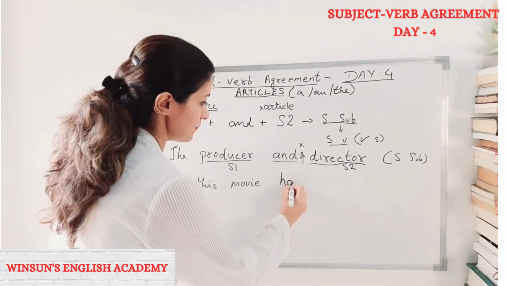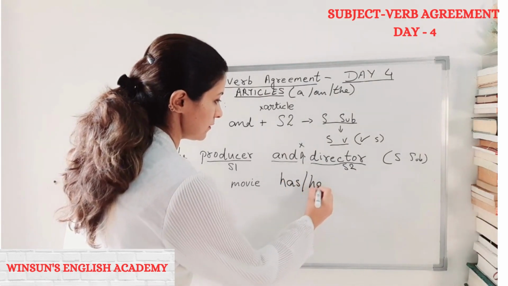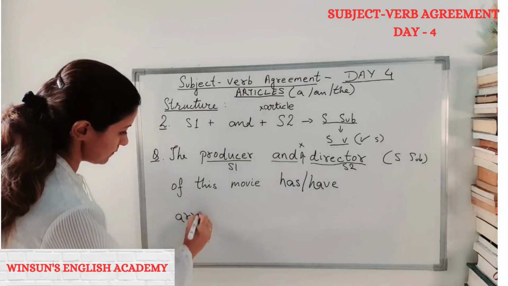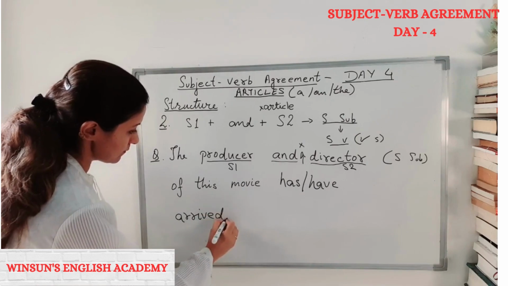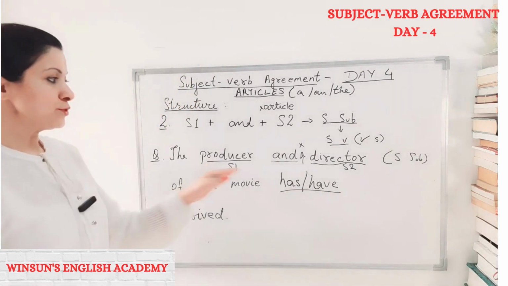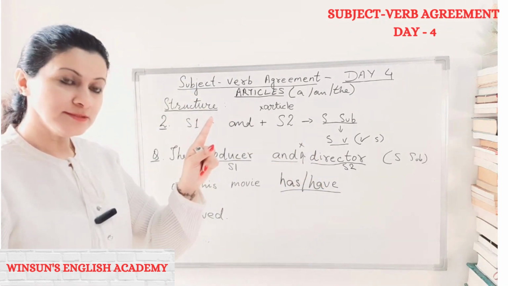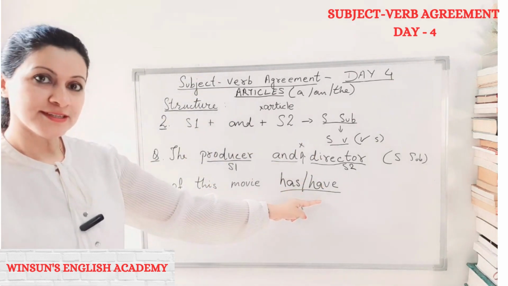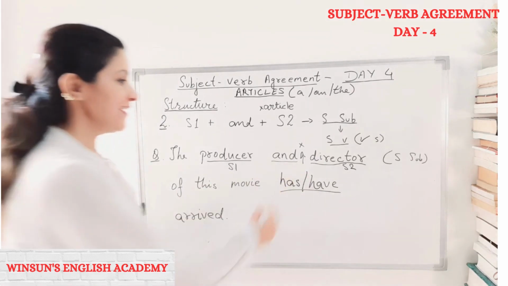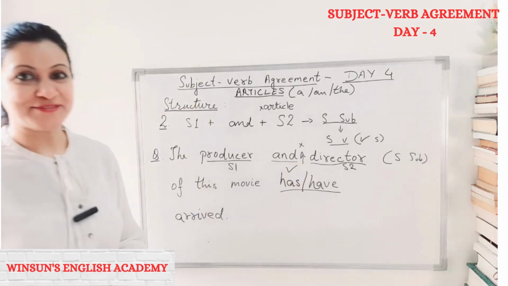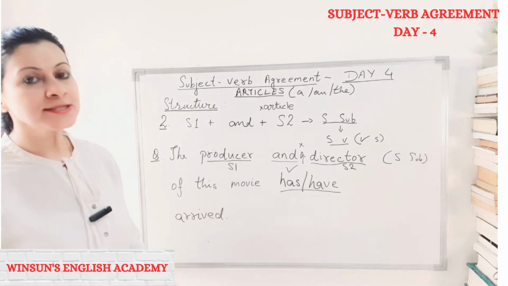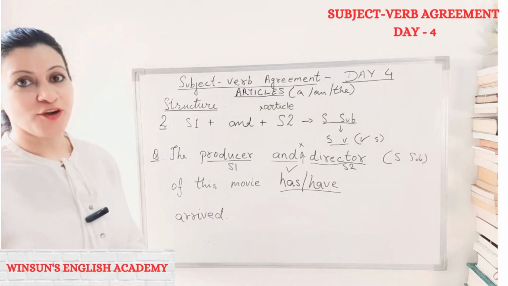Tell me something now. We have the verb here. The producer and director. One person, has or have. Singular or plural? There's singular, there's plural. Singular, has arrived. Wonderful. Remember, towards the end, we have a quiz. Please attend those questions to check your understanding.